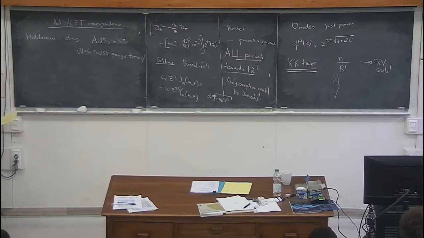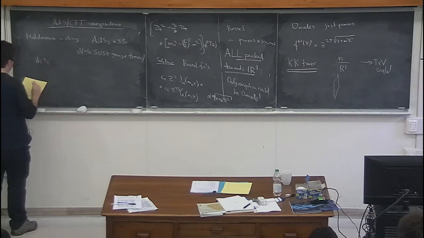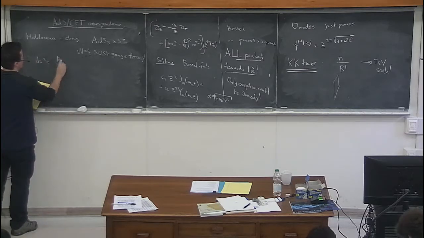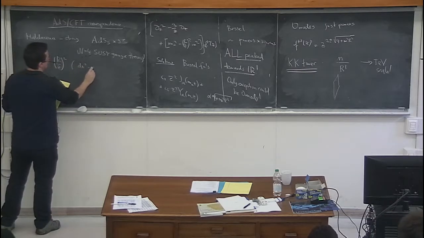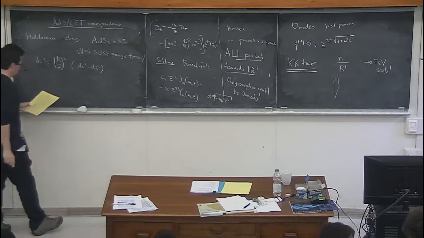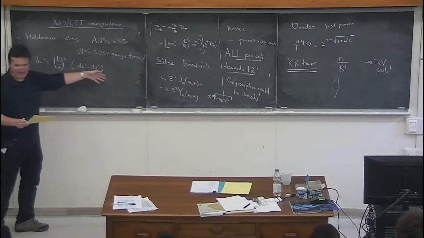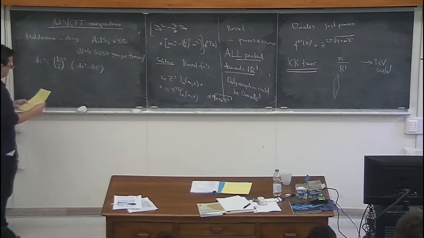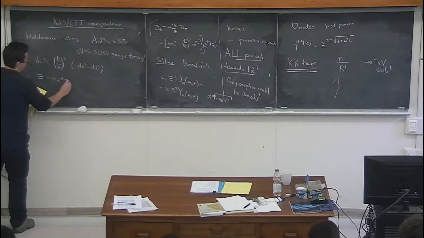I basically already told you this story, but you can repeat it in slightly different language. You take your 5D AdS metric, R over z squared times dx squared minus dz squared. Let's move along the extra dimension. Let me do a scaling where z goes to e to the alpha times z.